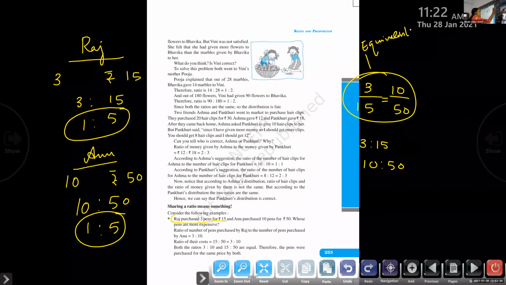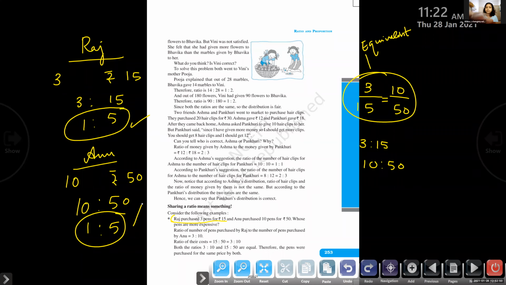If they are in ratio form, it is known as proportion. Both are correct, 1 is to 5 itself. Okay, children. Clear? Did you understand both the ratios?